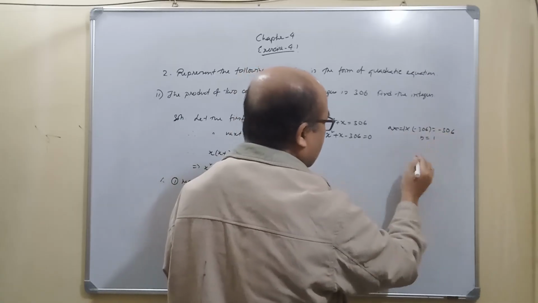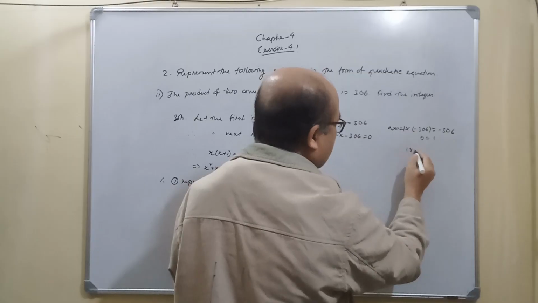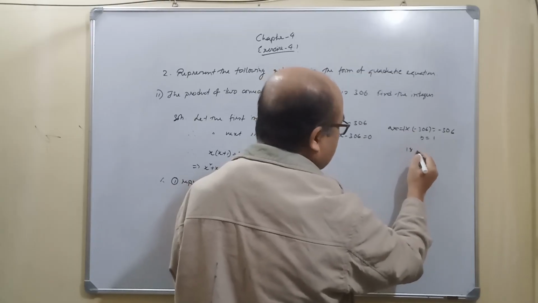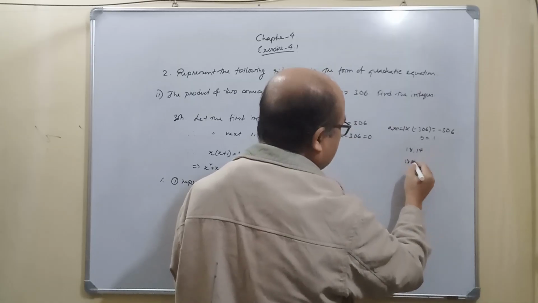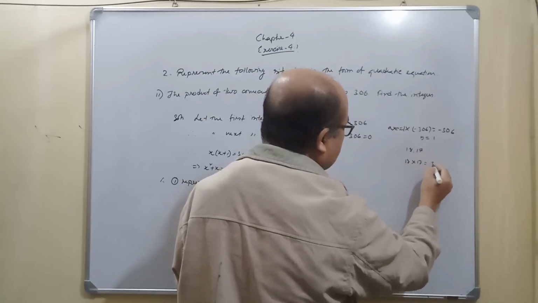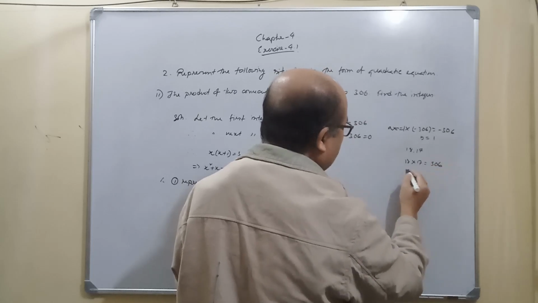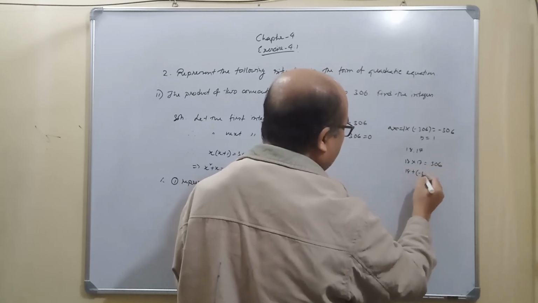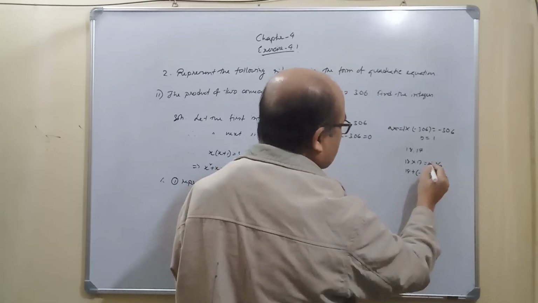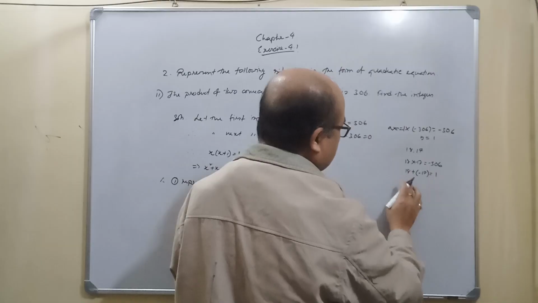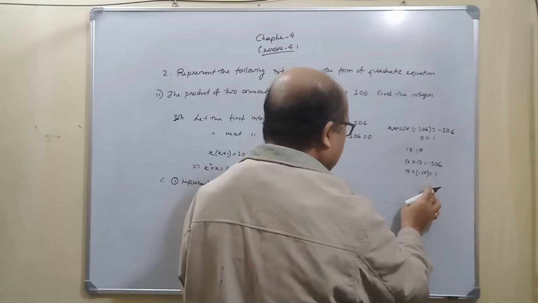And b is equal to 1, the coefficient of x. So a into c is minus 306 and b is 1. The numbers we need are 18 and 17: if we multiply 18 and 17 we get 306, and if you add 18 and minus 17, you get 1. So 18 and minus 17 are the two numbers.